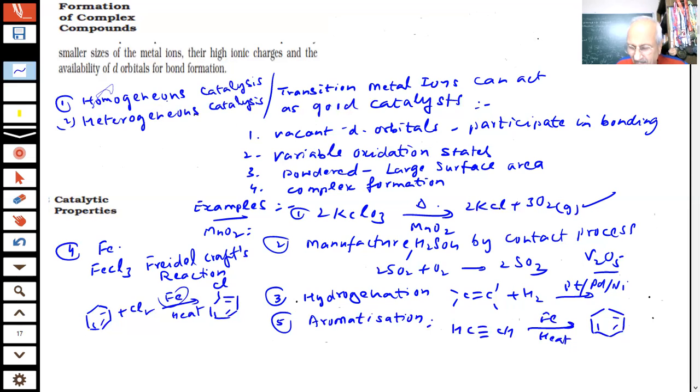When the reactants and the catalyst are in the same phase, it is homogeneous. When the reactants and the catalyst are in different phases, it is heterogeneous.